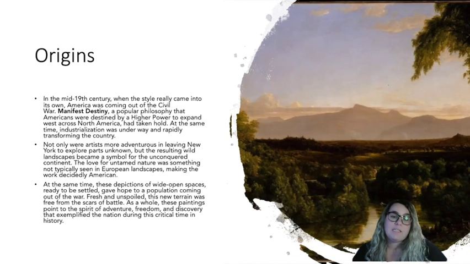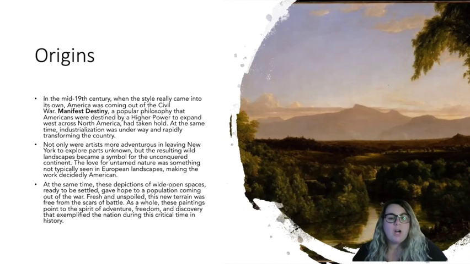At that time, industrialization was underway and rapidly transforming the country. Cities were really changing and becoming industrialized, and that's part of what fuels this style of art, this body of art.